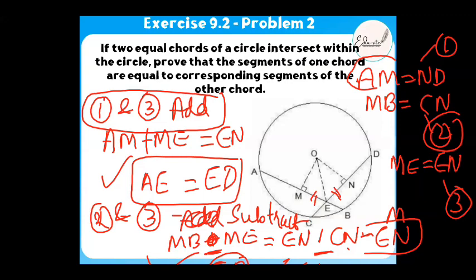Yes. ME is equal to EN is done. We are just playing with the equations here. We are going to add something, subtract something, and create the segments. That's all. We're going to extract the segments out of each. Done with this? Please tell me when you're done, okay?